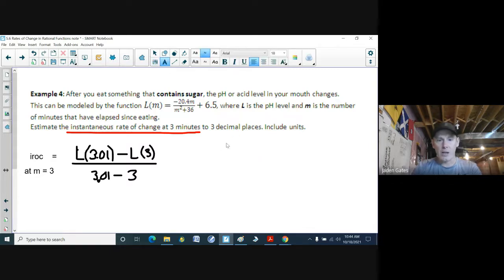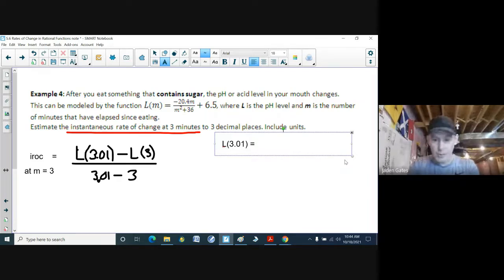All right, so let's see here. Over on the side here, I'm going to figure out L of 3.01. I substitute in at the top there. I got negative 20.04 times my 3.01. What do I get here?